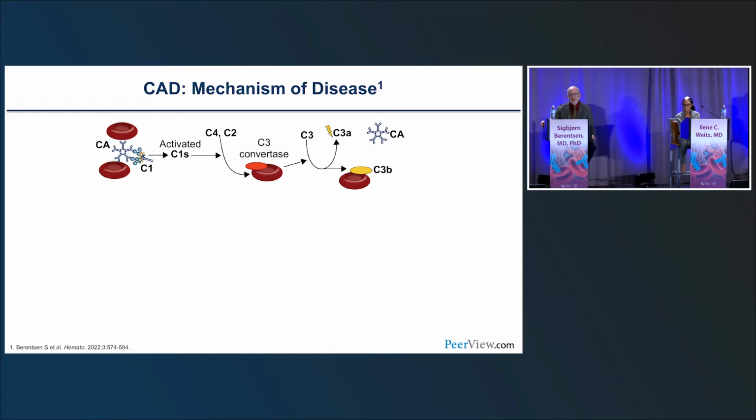So from this year, cold agglutinin disease is listed in the WHO classification as a clonal lymphoproliferative disorder.